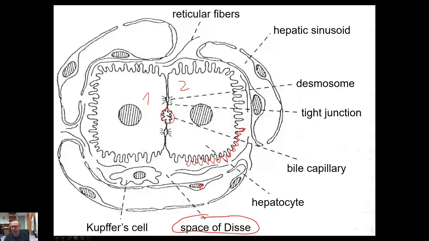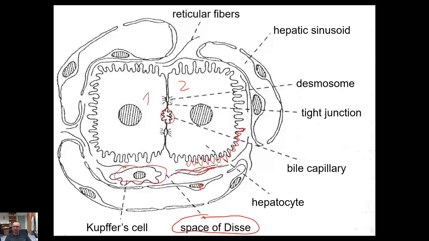The space of Disse is the tiny space between hepatocyte and sinusoid, where processes of the hepatocyte are present, where reticular fibers are present, where sometimes special Kupffer cells can be present. I will tell what it means in a moment.